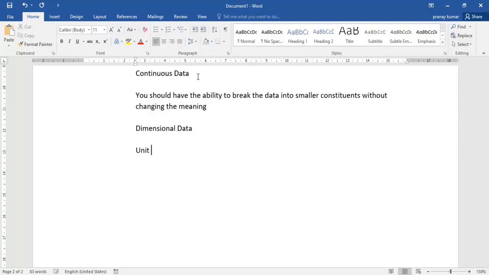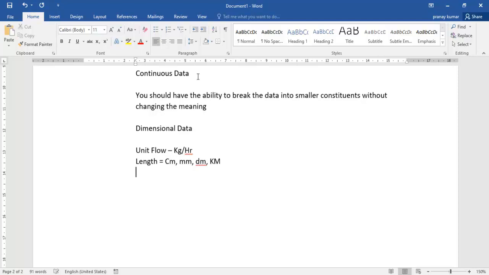Like Sarvesh was mentioning right now, the unit of flow was kg per hour. Length could be centimeters, millimeters, decimeters or kilometers, whatever. Continuous data will always have some unit associated, and if you are able to break the data into smaller constituents without having to change the meaning, then you call that data continuous.